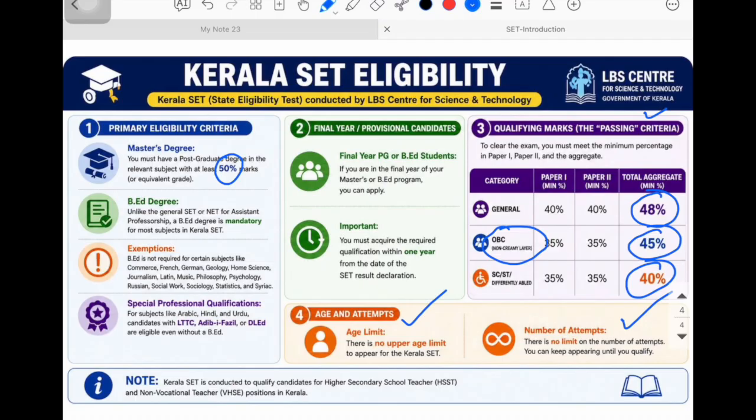The Kerala SET is conducted for higher secondary school teachers or non-vocational teachers, VHSC, that is the plus one and plus two level, as we call it in Kerala. In other states it is pre-university, and different states have different names.